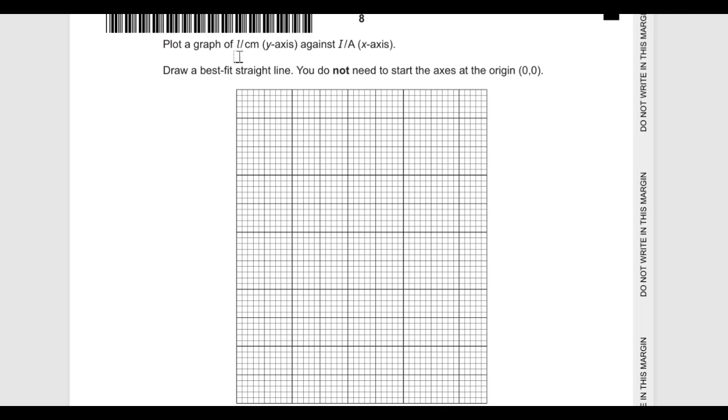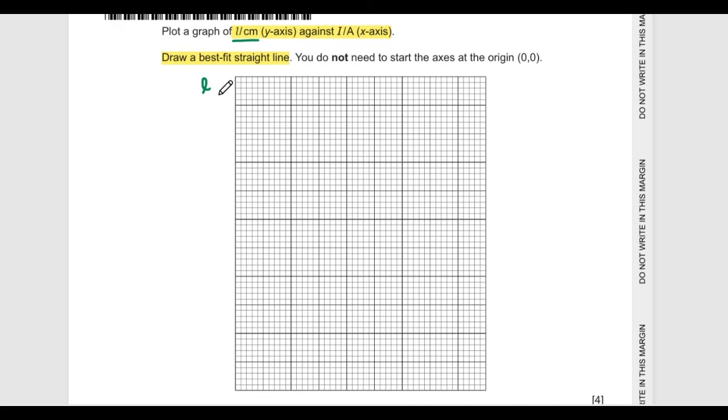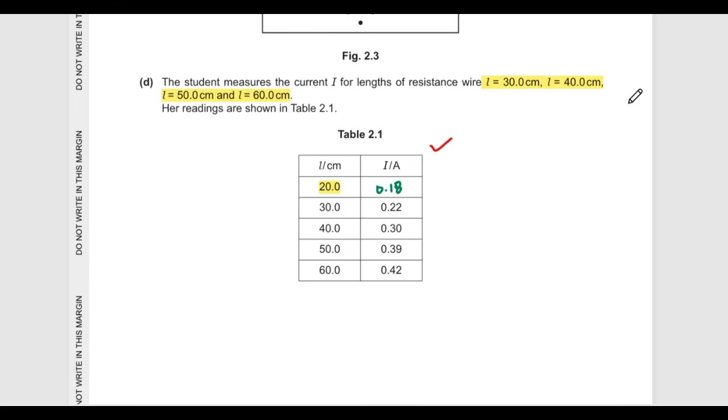Plot a graph of L in centimeters on the y-axis and current on the x-axis. Draw the best fit straight line. You do not need to start the axes at the origin. So on the y-axis we put the length of the wire, and on the x-axis we put the current, and we plot the table on this graph.